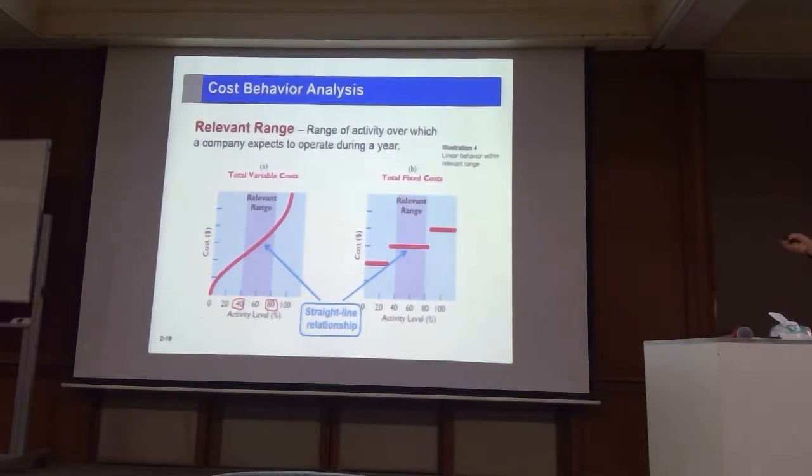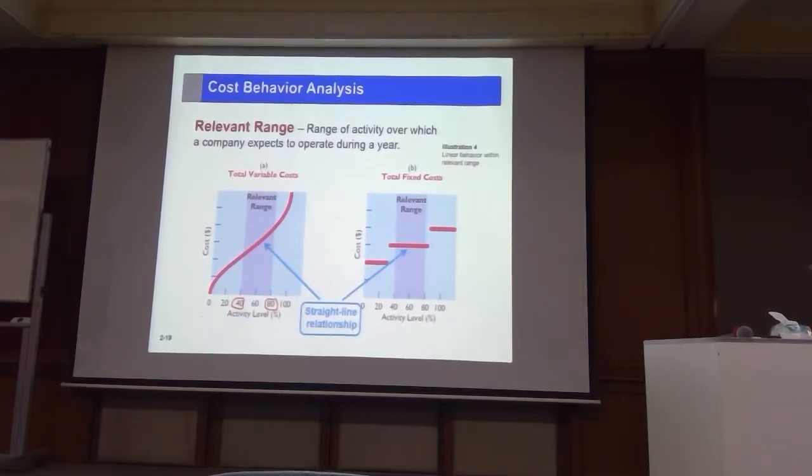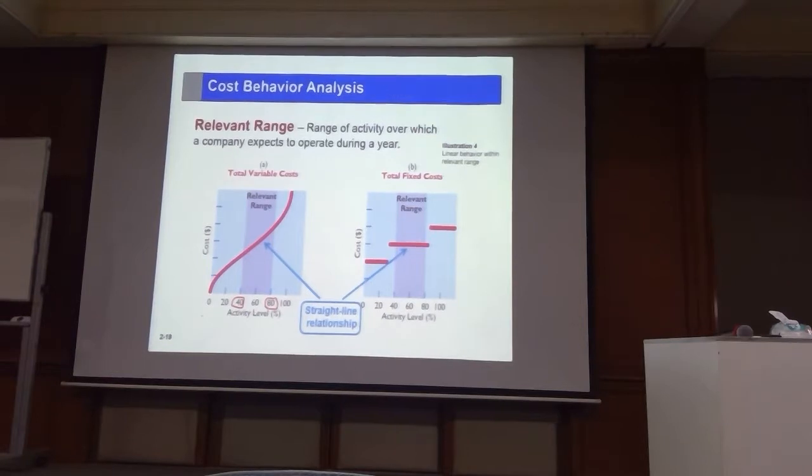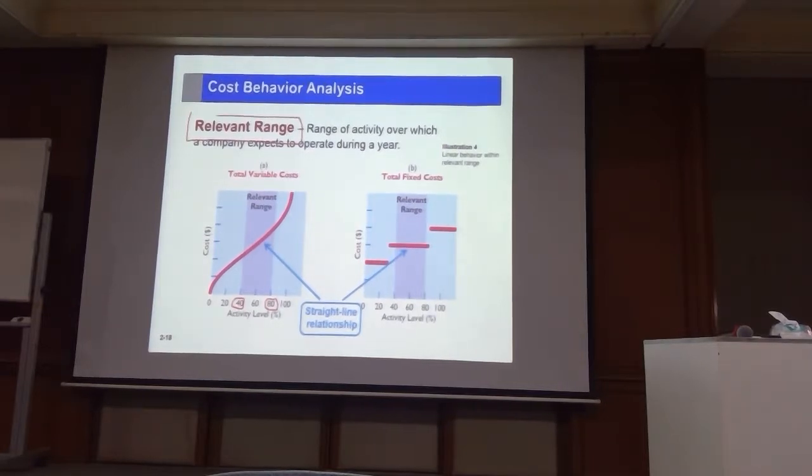So just make it easy, because in practice the company tends to operate between 40% and 80% of capacity, so the relationship tends to be linear within this area. So we call the purple area the relevant range, okay? It's the range of activity that we are interested in right now, between 40 to 80% of capacity. So this is why we need to talk about the relevant range, okay?